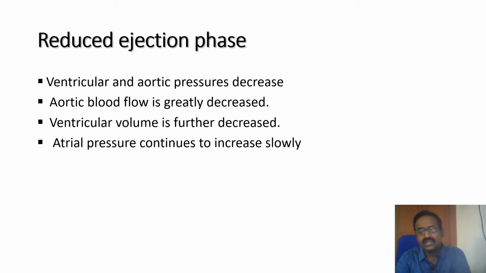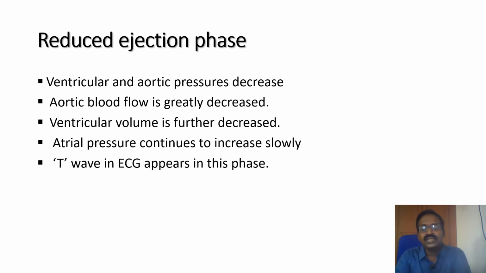So that slowly increases the atrial pressure. So in the electrocardiogram, the T wave appears in the reduced ejection phase. The reduced ejection phase ends with the closure of the aortic valve.